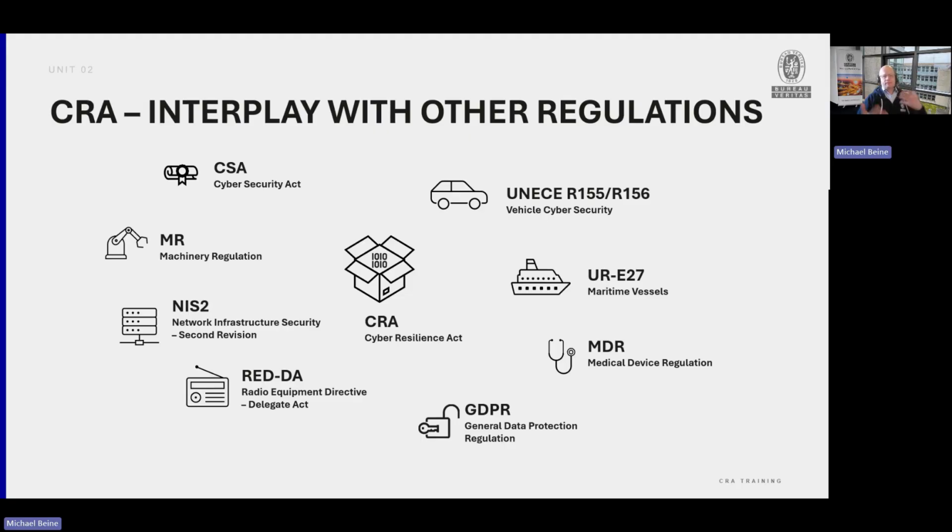Then we have the machinery regulation. Machinery can also cause damage or harm, and cybersecurity attacks on machinery could create a risk. So in this aspect, the machinery regulation and the Cyber Resilience Act will coexist, and machines may also be subject to the Cyber Resilience Act.